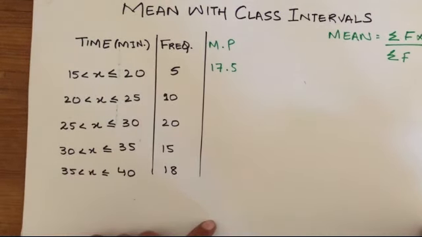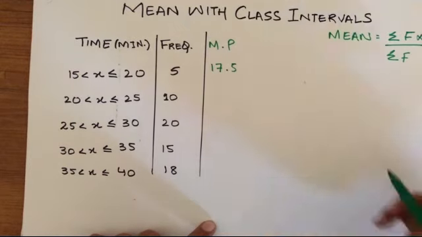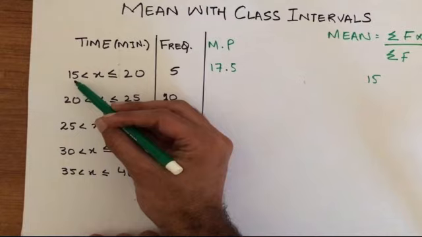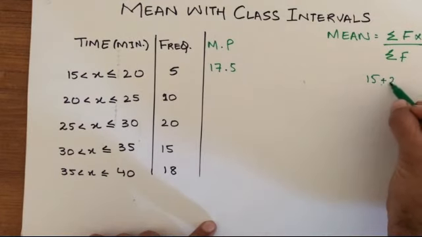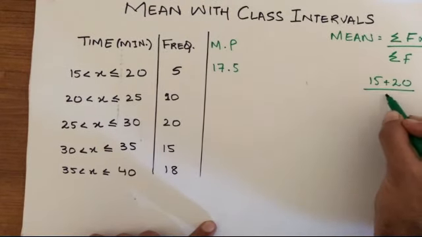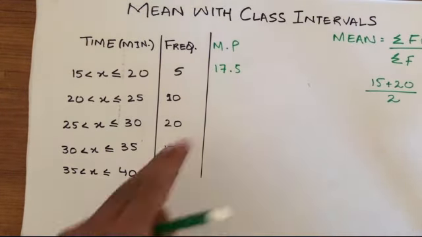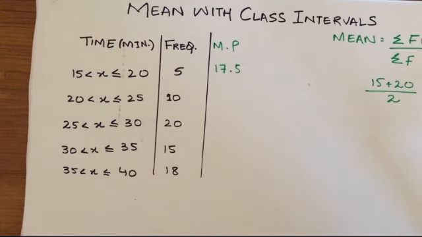Or if it is confusing to you, you can take the average: add 15 and 20 and divide by 2. This is another way you can get the midpoint. So let's just see if we are right. Divided by 2. Yep, the answer comes up 17.5.